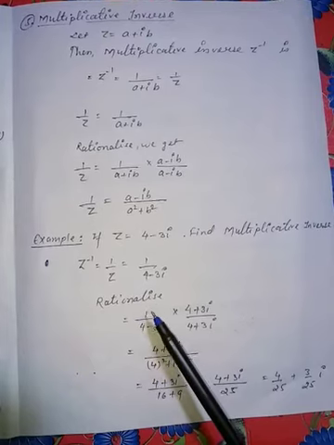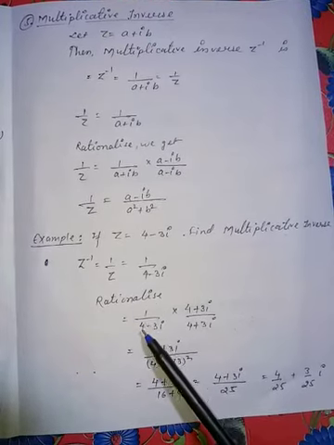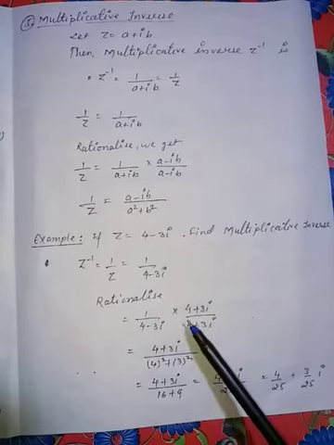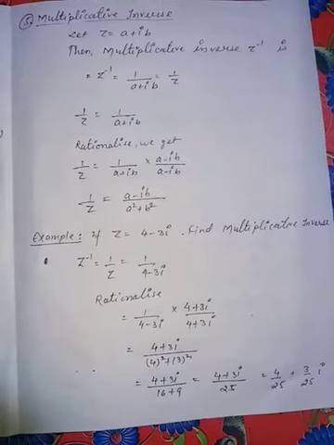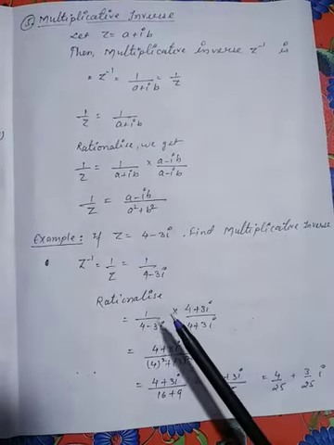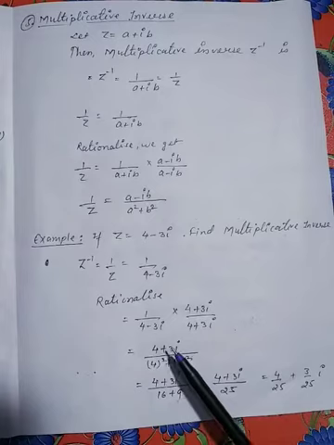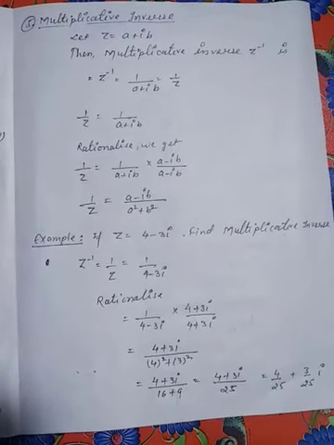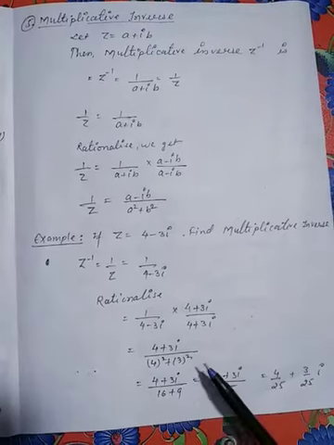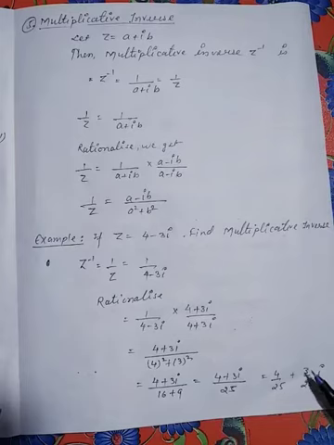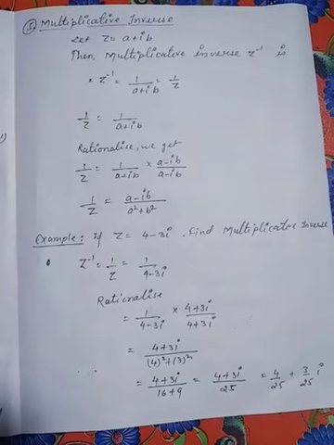Rationalize, 1 by 4 minus 3i into 4 plus 3i divided by 4 plus 3i. We get 4 plus 3i by 4 square plus 3 square. After simplify, we get 4 by 25 plus 3 by 25 iota.